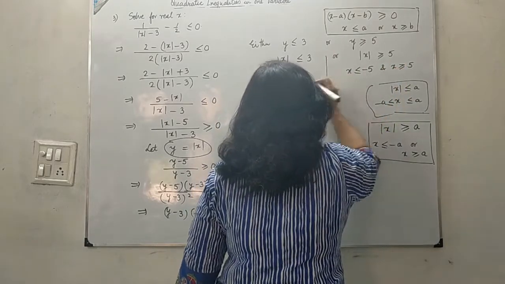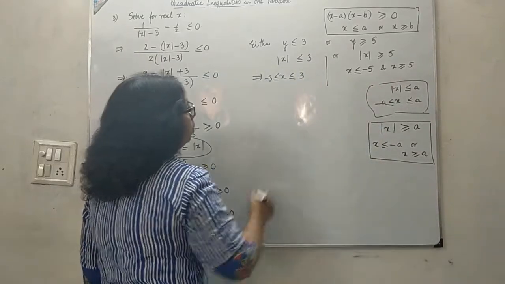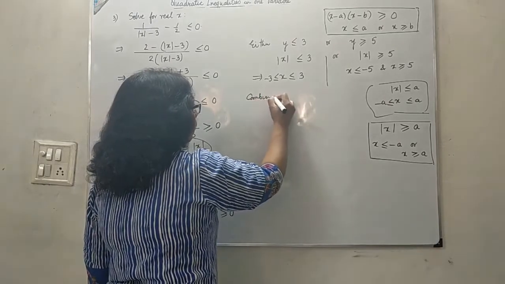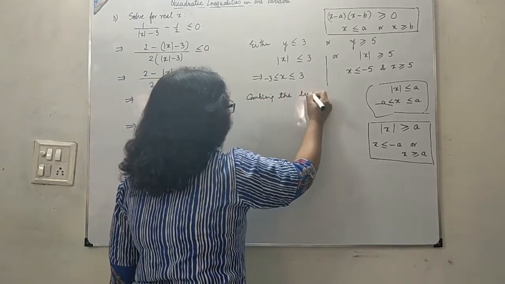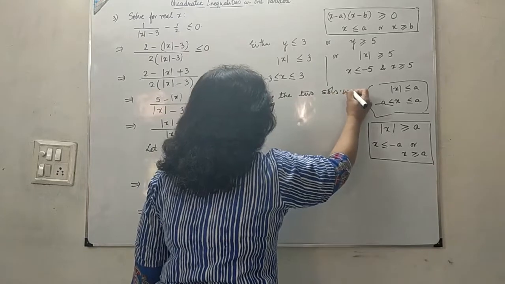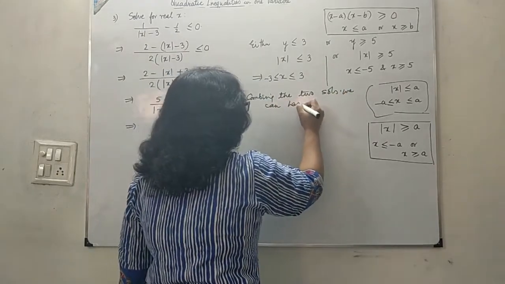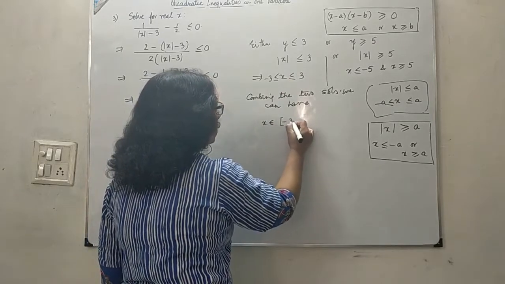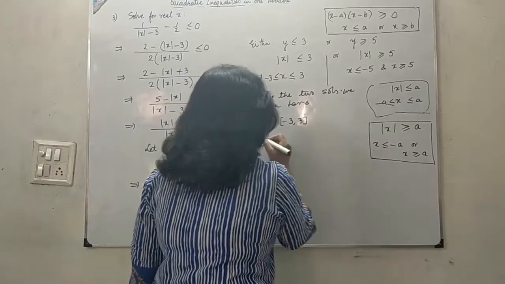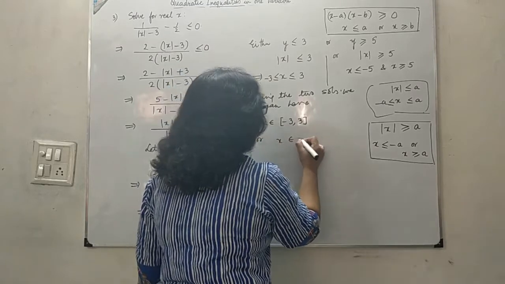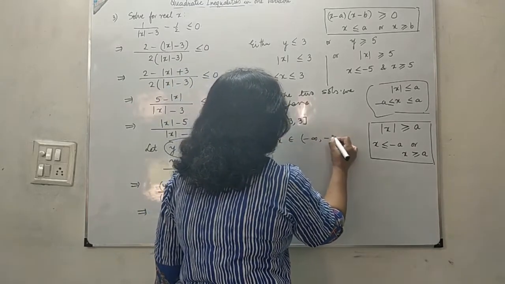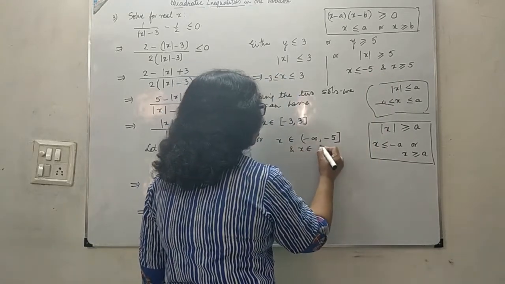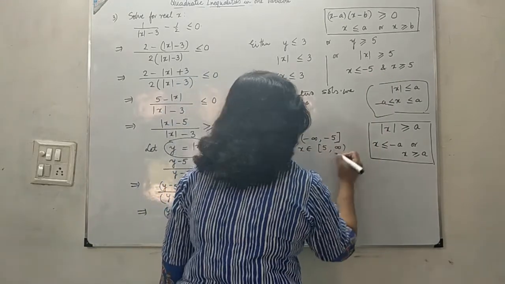So in this case we have two solutions, and now this or this, so combining the two solutions, x is either lying in this, x belongs to -3 to 3, or x belongs to the closed interval -infinity to -5, and x belongs to 5 to infinity.